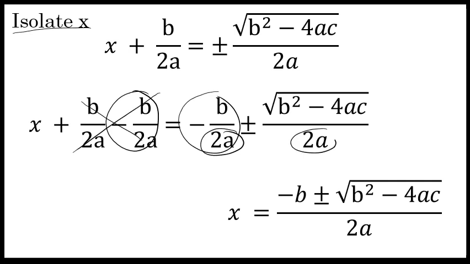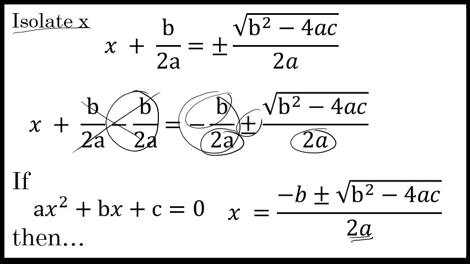There is a common denominator between these two fractions, so I'll write it as a single fraction with a denominator of 2a. The numerator will be negative b plus or minus the square root of b squared minus 4ac. And this is the quadratic formula. x equals negative b plus or minus the square root of b squared minus 4ac all over 2a.